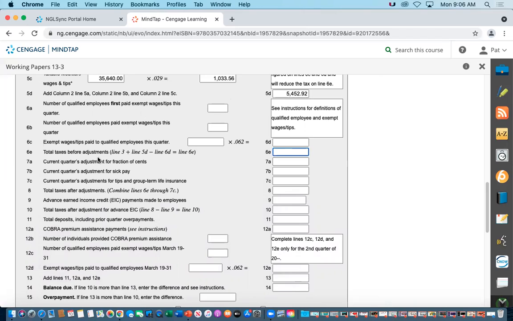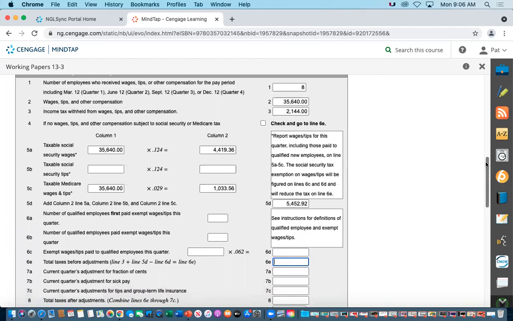6C, it says total taxes before adjustments. Okay, is line 3, which is up there, 2,144. So we type in 2,144.